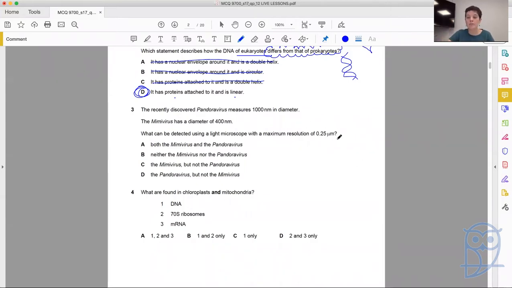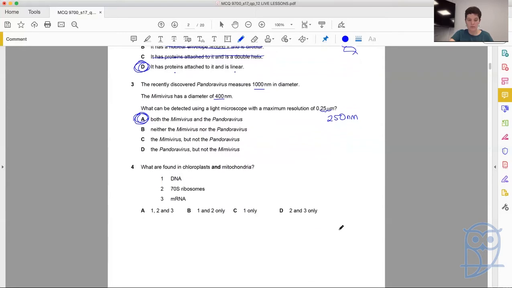So 0.25 micrometers would be 0.25 times 1,000, so 250 nanometers. Okay, that's our maximum resolution. So, which of these two viruses would disrupt that? Well, 400 and 1,000 are both bigger than 250. So we would be able to see both of them.